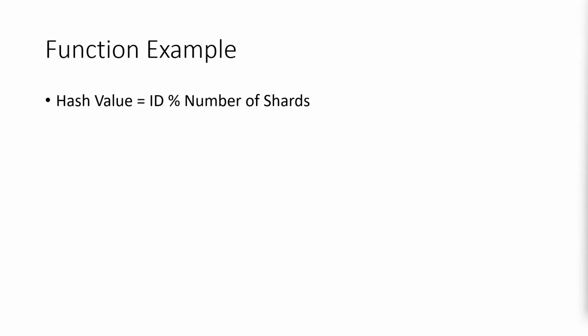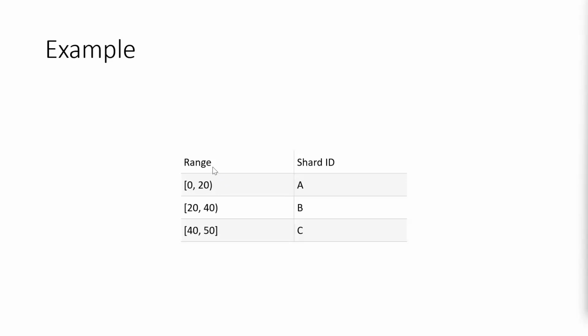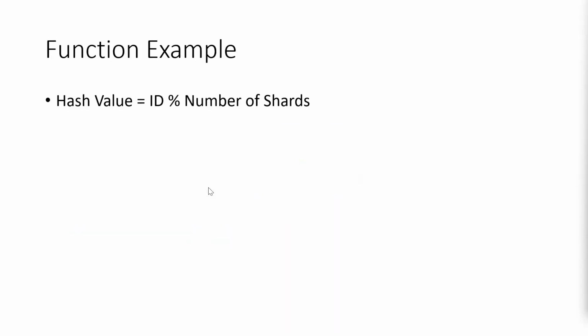In the previous one, we had meaningful ranges. If you take the first one, and we want to retrieve records from 10 to 30, it's meaningful because we have range-based sharding. But when you have hash-based sharding, we disregard the meaning of the data.